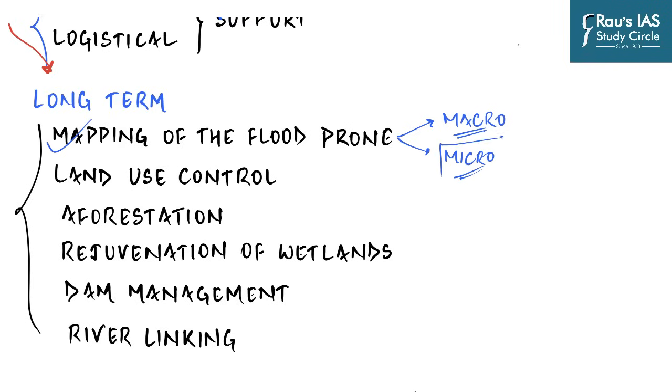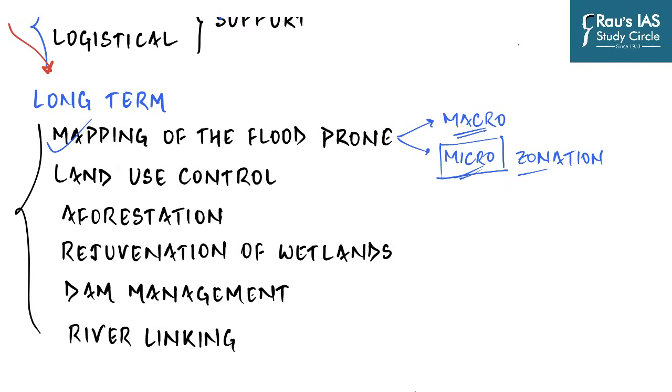And so what we need now is micro-zonation mapping, keeping the floods in mind. We need our surveyors to go to each and every point in our country, especially in urban areas, and find out whether they are sitting or they have been built on a floodplain or not. What will be their situation if the river level goes up? And that is what we need right now.